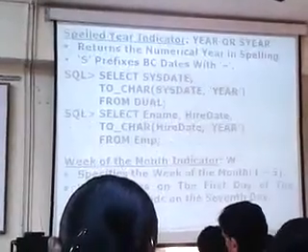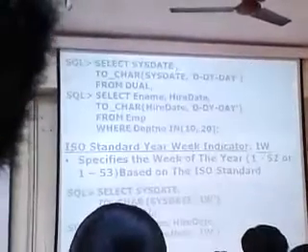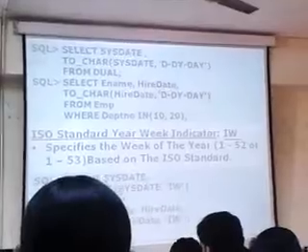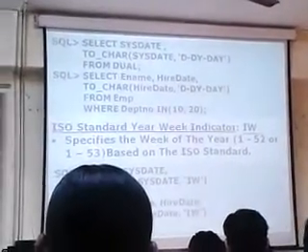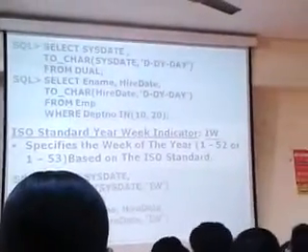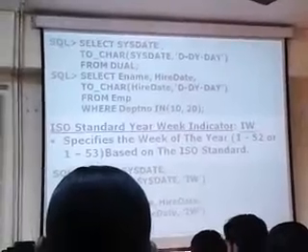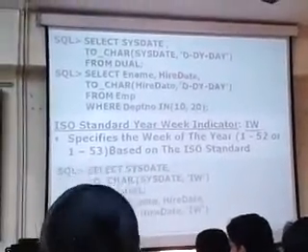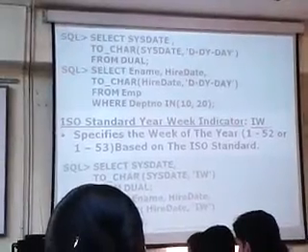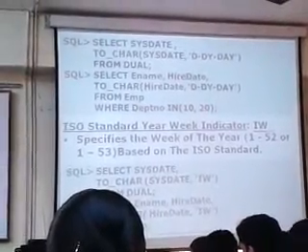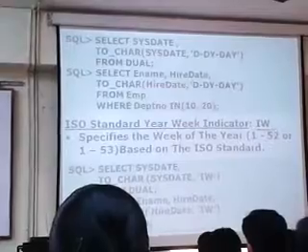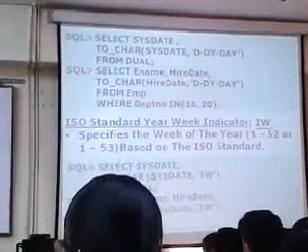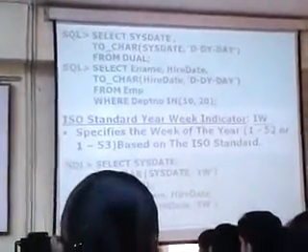So when you come to the ISO standard, IW is the ISO standard year week indicator. In this, it is either 52 weeks or 53 weeks. In that way, it will be adjusting. The difference will come only in the last weeks of your process, but not every time. ISO calculates where your year is starting and where your year is ending.